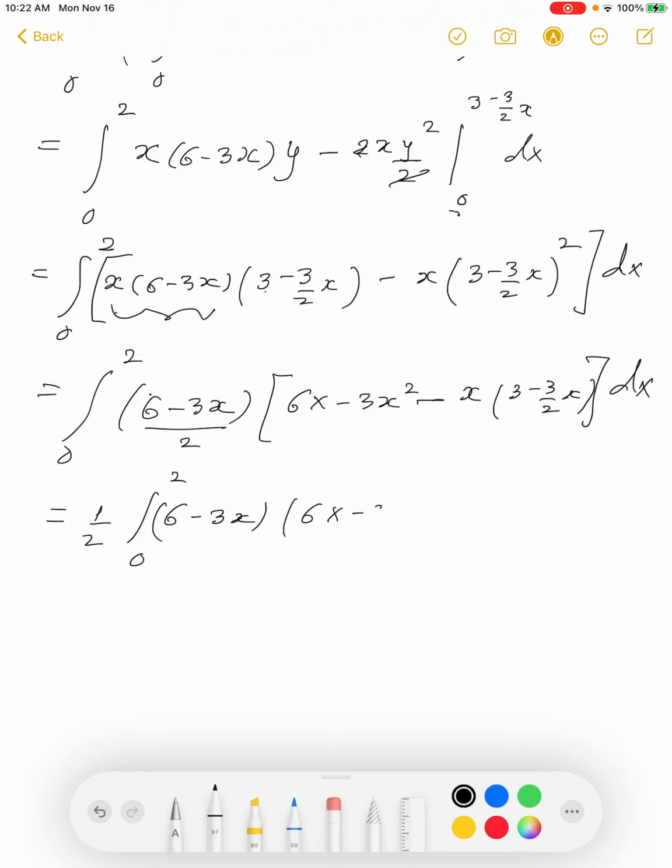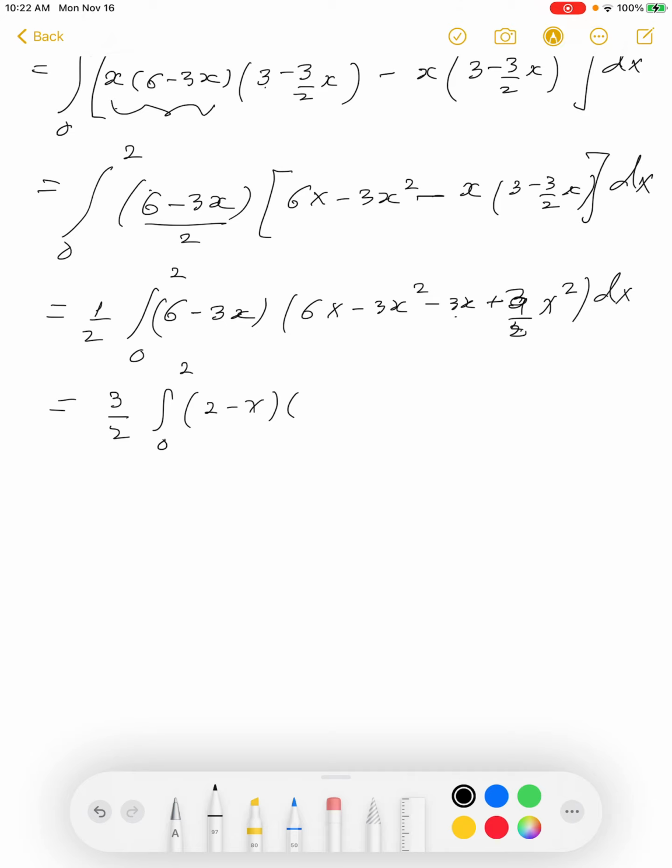So I get 6x minus 3x squared minus 3x plus 9 by 4, sorry, 3 by 2 x squared. 3 by 2 x squared, right? So let me pull out a 3 from here. This is 2 minus x into bracket.